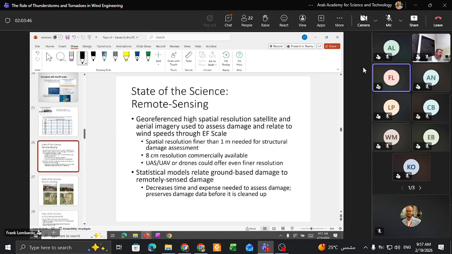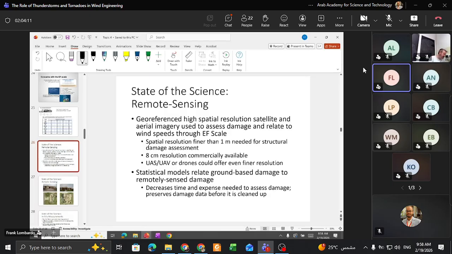We don't have to go too much into this, but I showed some information on aerial imagery and things like that. That is just much more commonplace nowadays. Things like drones, a lot of people have them. They're easy to go up and fly after these events. There's also satellite imagery, fixed wing imagery. There's all sorts of different aerial imagery available.